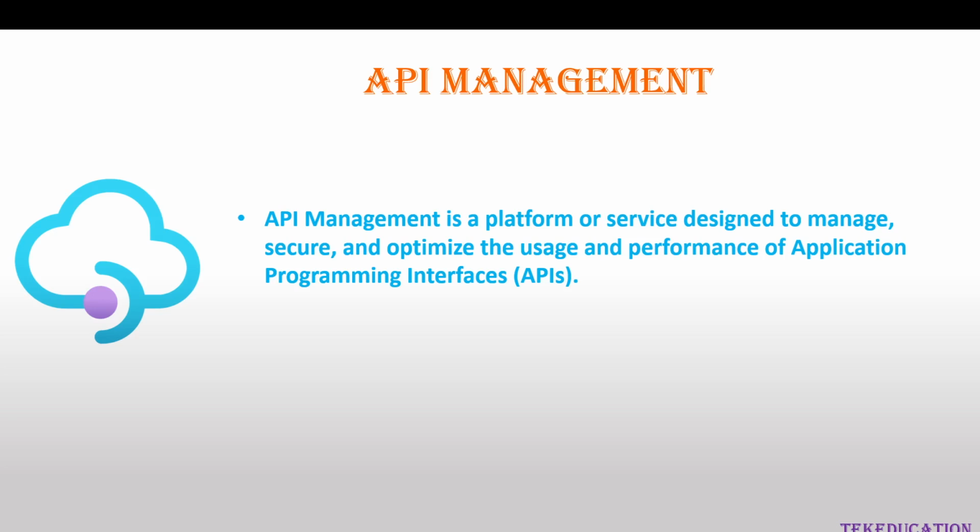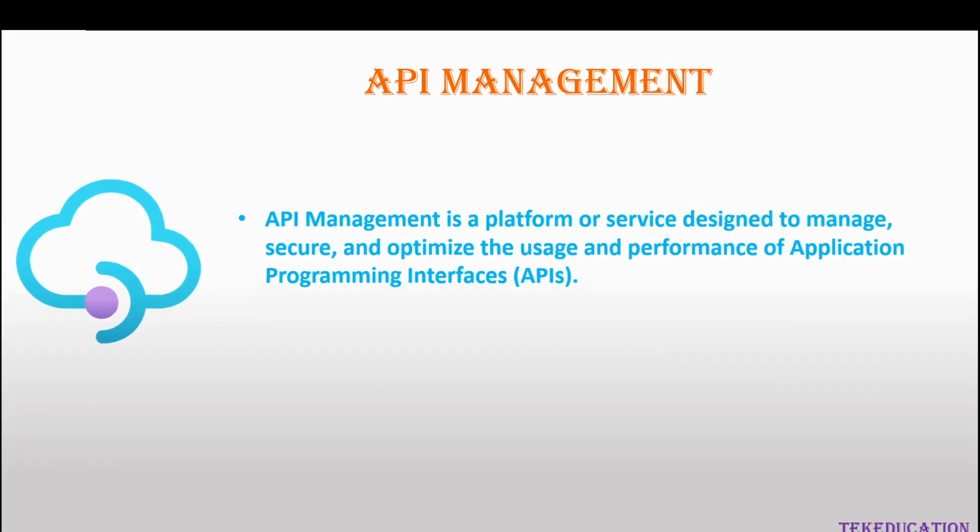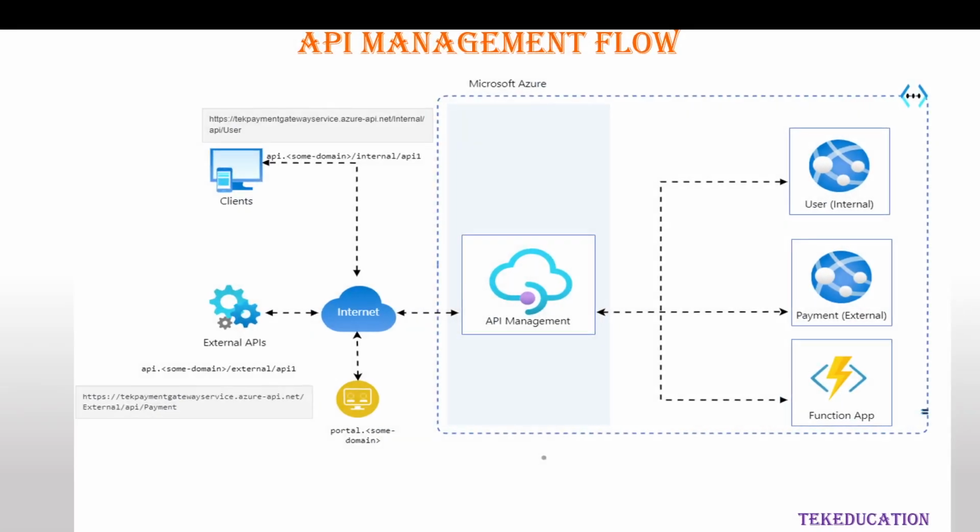Let's understand the workflow of APIM. This entire part is in Azure. These are the clients. These are your services. This is where APIM comes into the picture. That is why it is called a gateway for your services.